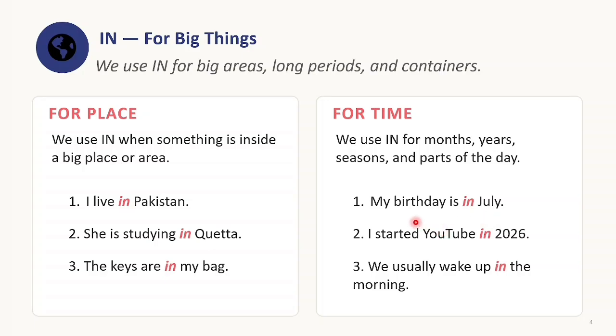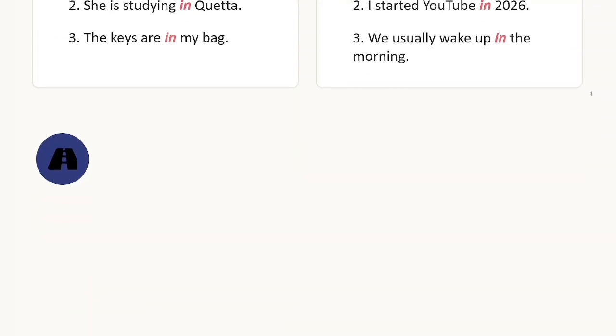The next one is: I started YouTube in 2026. That is a year. For months, years, and parts of the day we use in. And we usually wake up in the morning. Morning is a part of the day. So let's move on, dears.